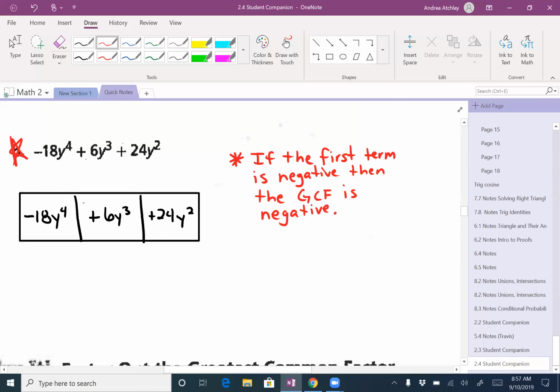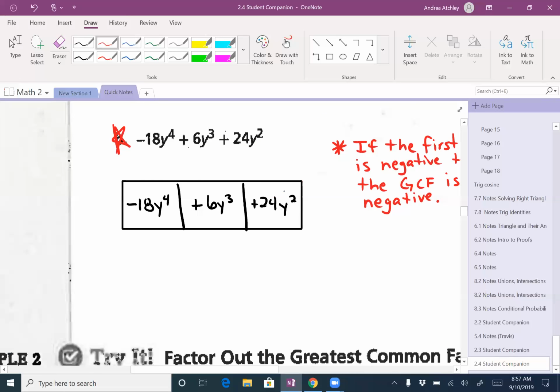With polynomials, we don't like the leading coefficient, the first term, to be negative. So if we're going to factor out the GCF, we always want to factor out a negative, so it doesn't have that first term be negative. So I know for sure my GCF is going to be negative.